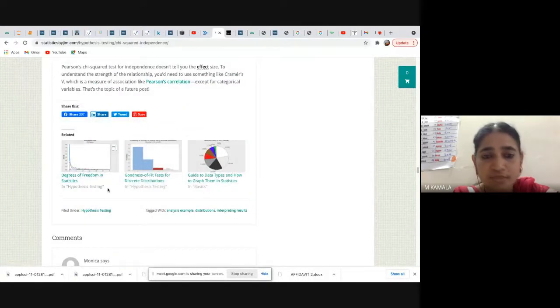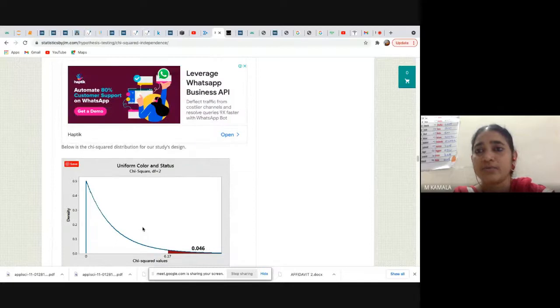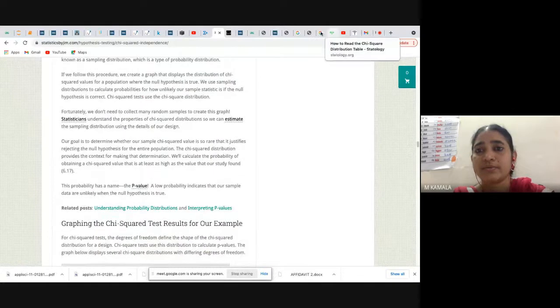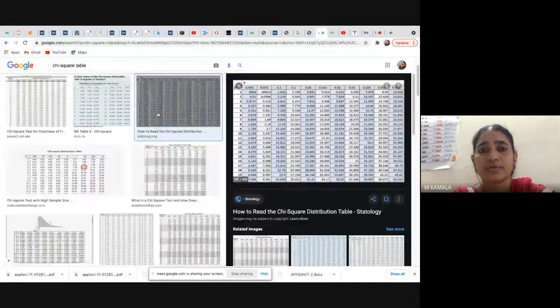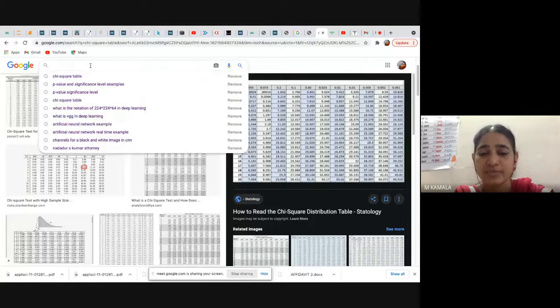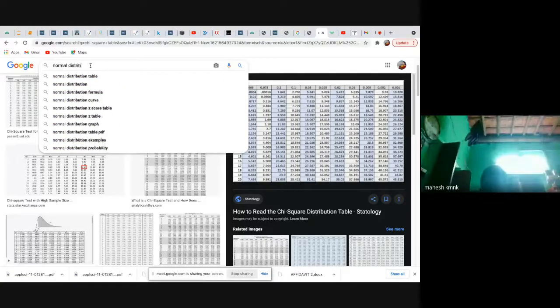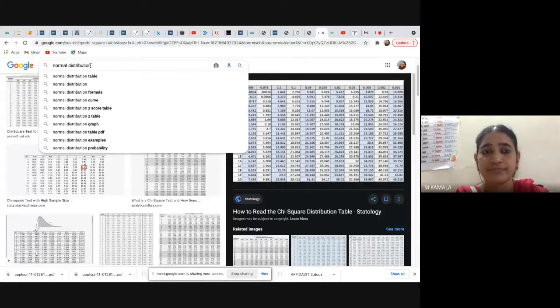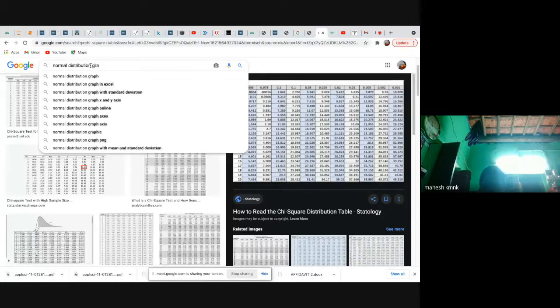Normal distribution tells how the shape of the curve is. Bell shape, ma'am. Very good. Who said that? Mahesh, ma'am. Good, Mahesh.